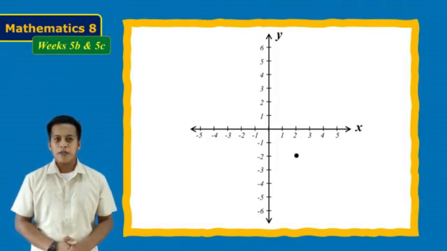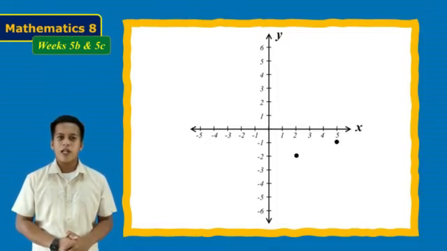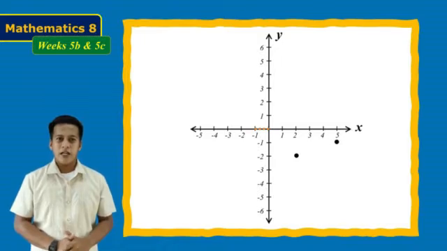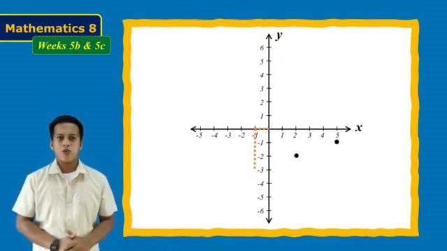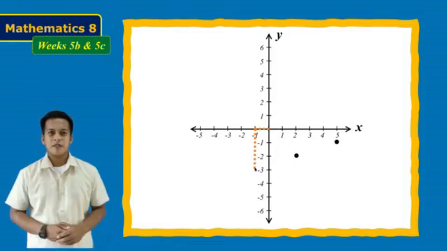To locate the point, from the origin, move 5 units to the right, then 1 unit downward as illustrated in the graph. The third ordered pair is (negative 1, negative 3). It tells us that the point is 1 unit to the left from the origin and 3 units downward as you observe in the graph.